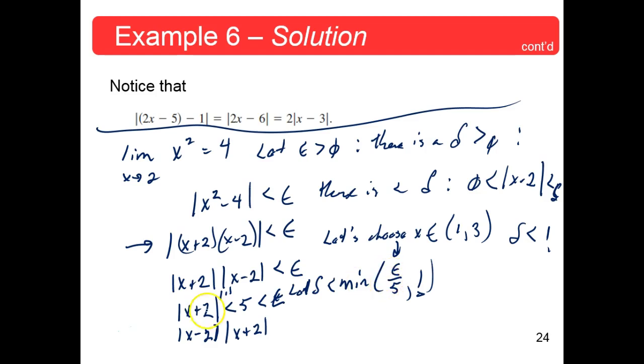If you plug this in, this is less than epsilon.